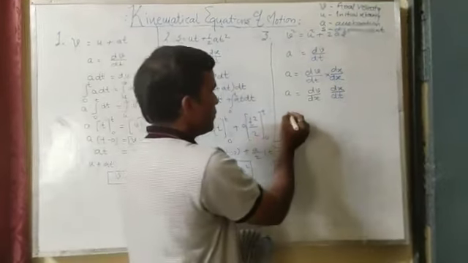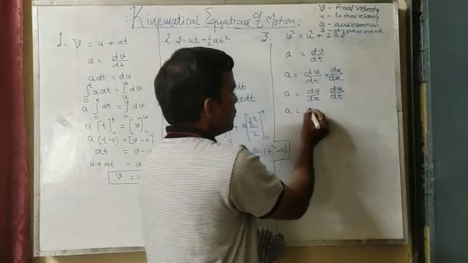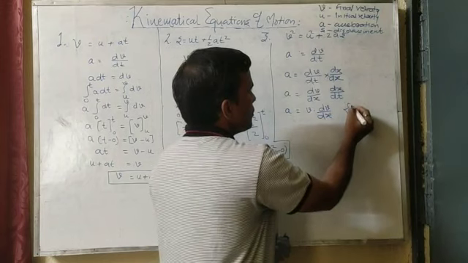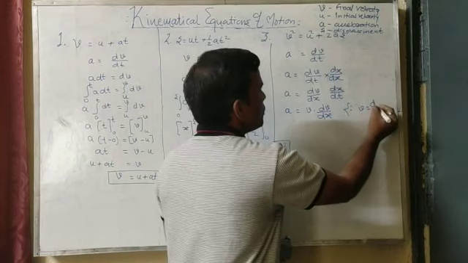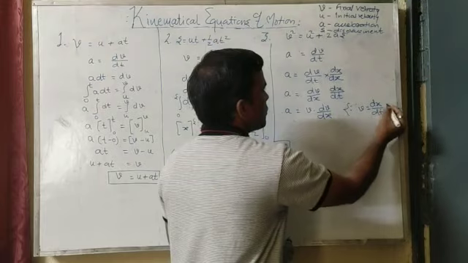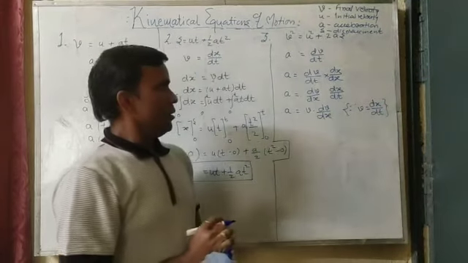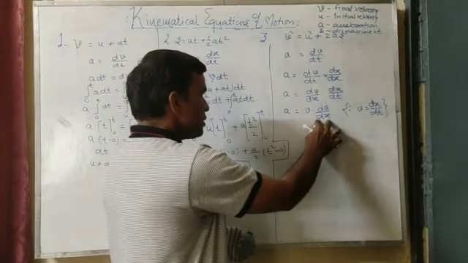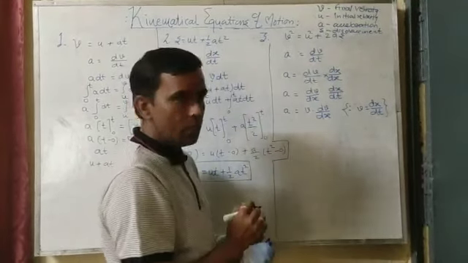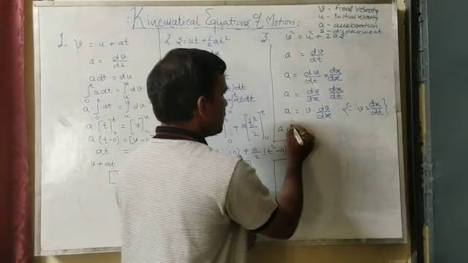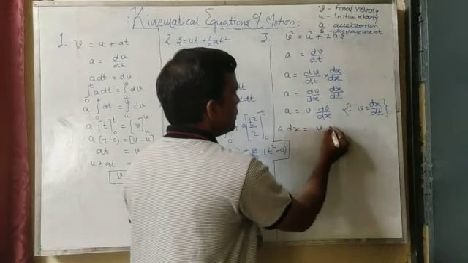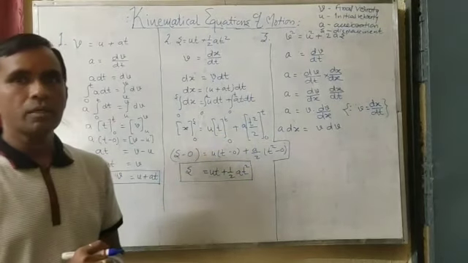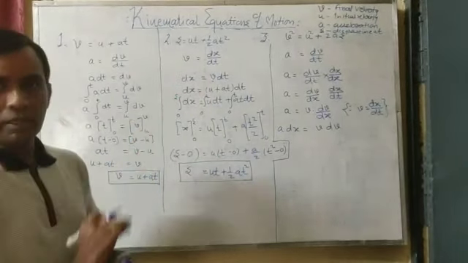So here we'll write a is equal to v times dv by dx, because v is equal to dx by dt. The velocity is the rate of change of displacement with respect to time. Again this dx we'll transfer to the left hand side. It will become a times dx is equal to v dv, and this is the equation which we require to prove the third kinematical equation of motion.